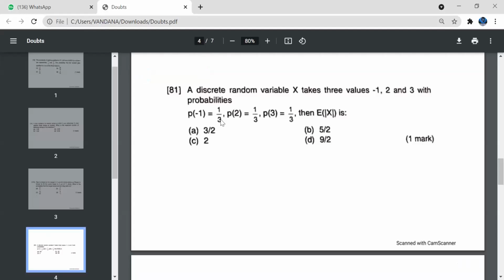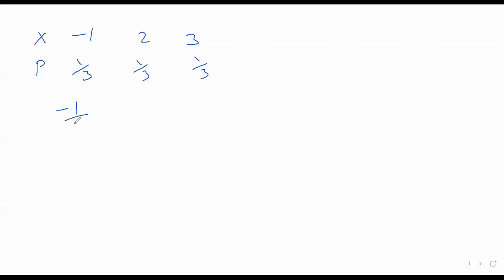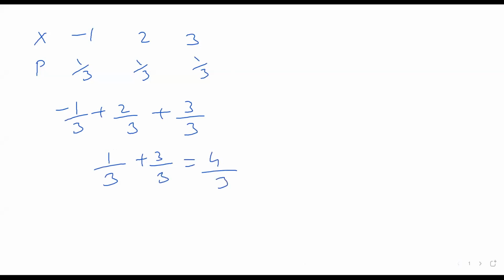And we want expected value. So it will be -1 by 3 plus 2 by 3 plus 3 by 3. This will become 1 by 3 plus 2 by 3 minus 1 by 3 will be 1 by 3 plus 3 by 3, that is 4 by 3. 4 divided by 3 is 1.33.